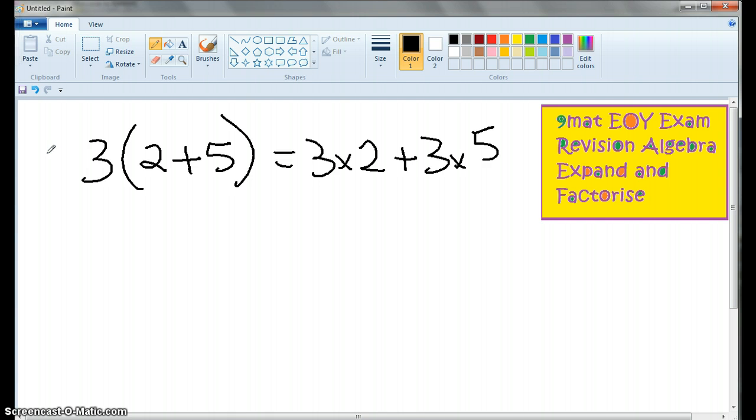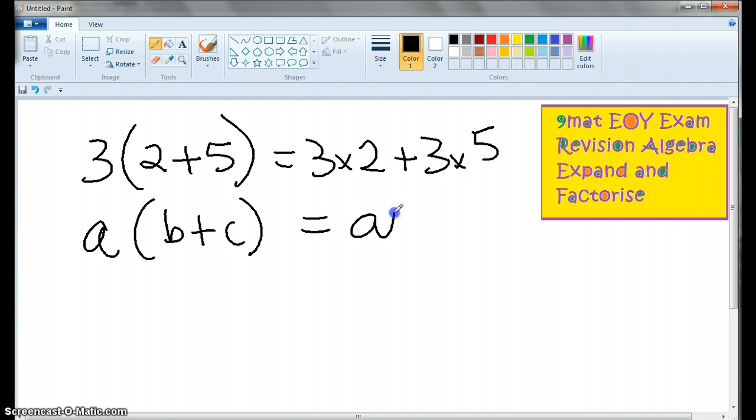It's not BEDMAS anymore, because if you were doing BEDMAS, you'd go 2 plus 5 is 7, and 7 3s are 21. But here we go: 3 times 2 is 6, plus 3 times 5, which is 15, and 15 plus 6 is also 21.